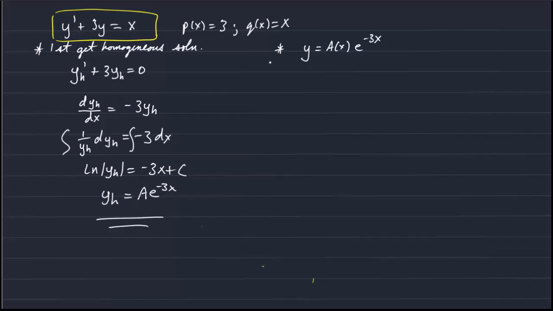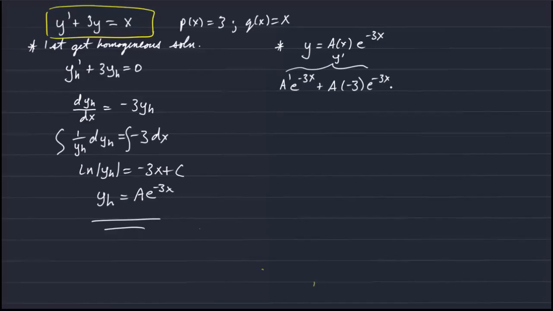So we have to take the derivative of this, using the product rule, we get a prime e to the minus 3x plus a times the derivative of e to the minus 3x, and that gives minus 3 times e to the minus 3x.